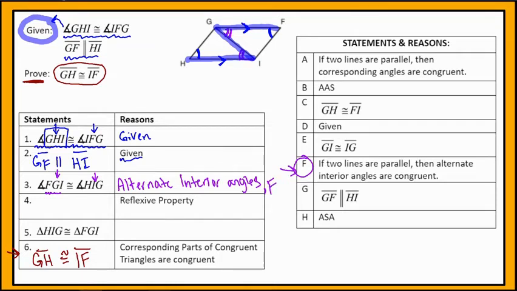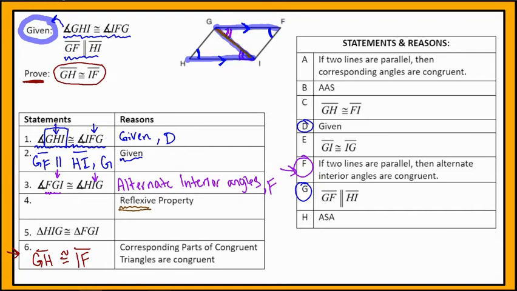Okay. Similarly, I almost skipped it, but this given should be here. And this GF parallel to HI should be here. Right now, we're trying to remind ourselves, what is the reflexive property? I know that when I think reflexive, it's something shared.